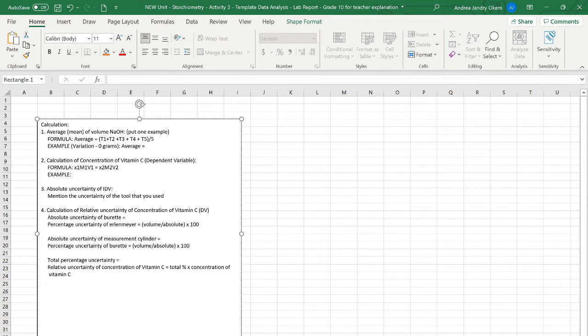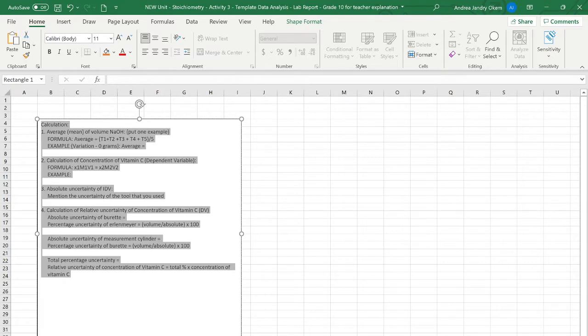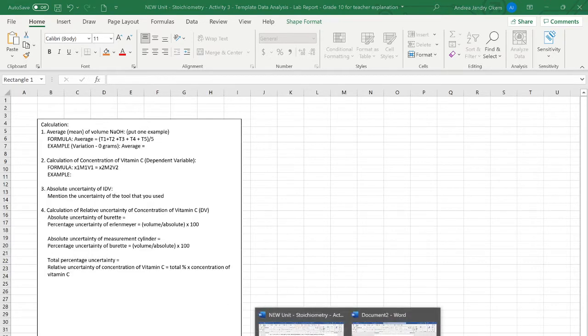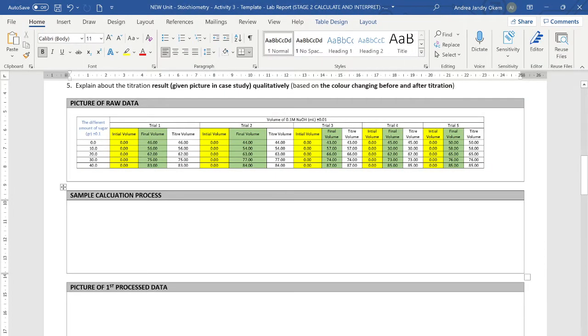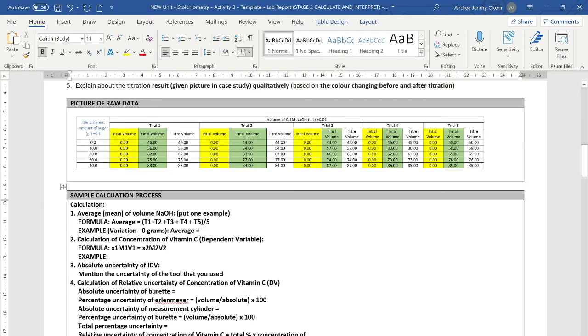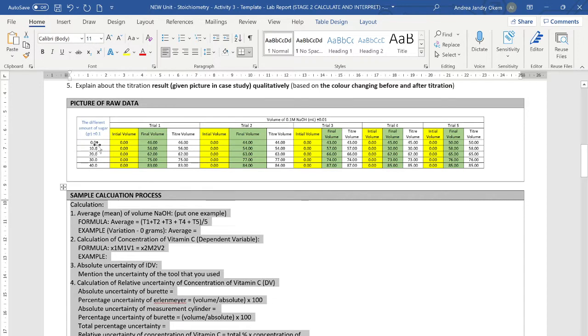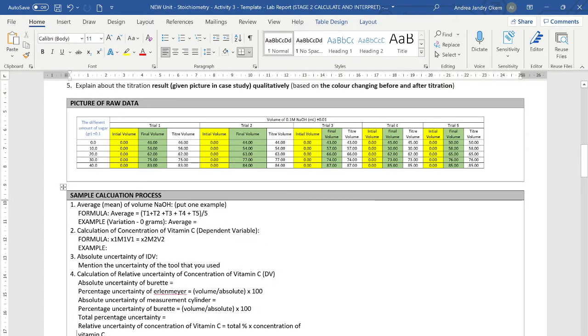After that you can copy all the calculation, go to the Word document and put it here. If you see it's in bold, please make sure not to bold it. Then erase this one. Okay, you make it complete.